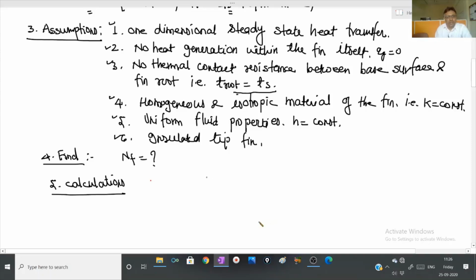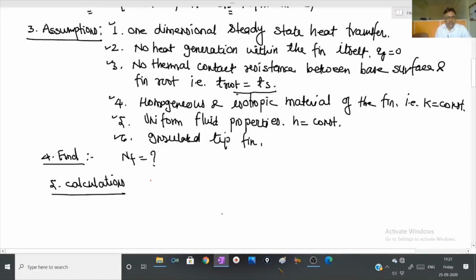So in order to dissipate the heat from the semiconductor device, aluminum fins are attached. Each aluminum fin will dissipate heat, and that fin is assumed as an insulated tip fin.